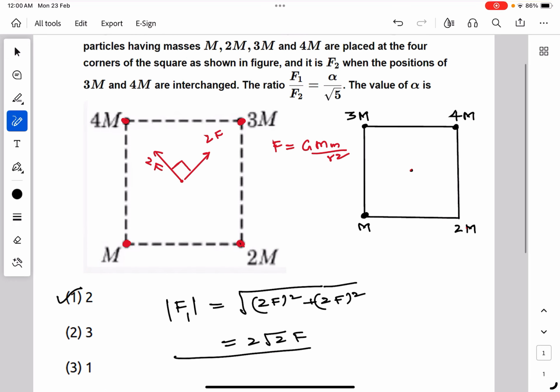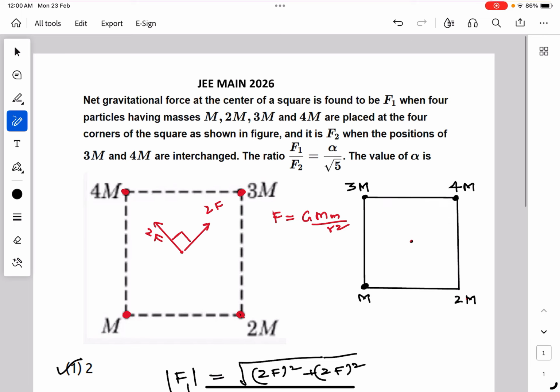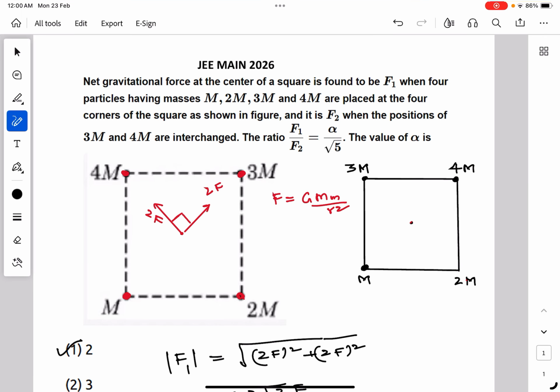Now in the second case, the positions of particles of masses 3m and 4m have been interchanged. Now we have 3m at this corner and 4m at this corner. So let us find out the total force at the center due to these masses.